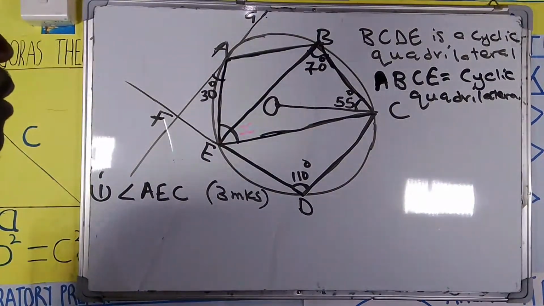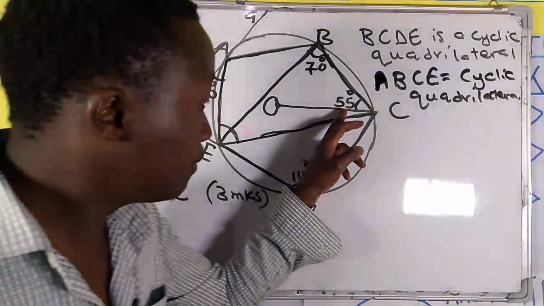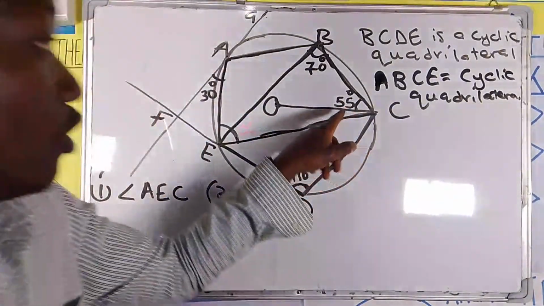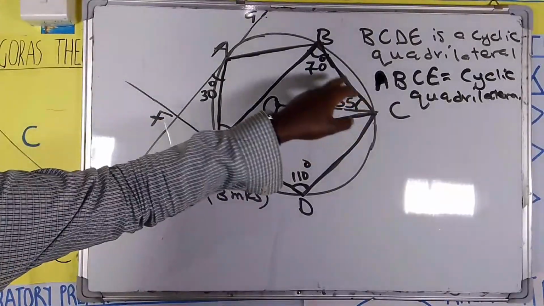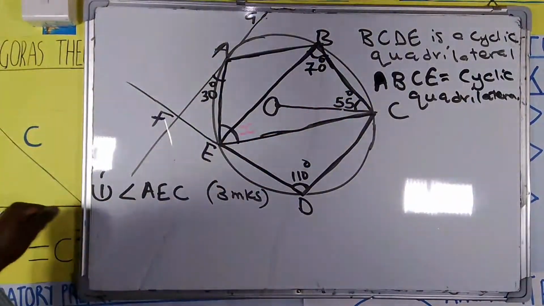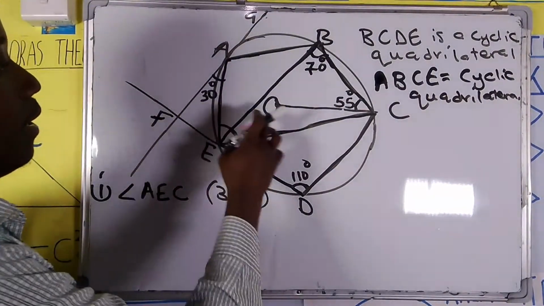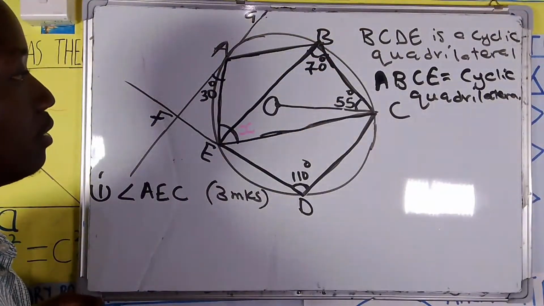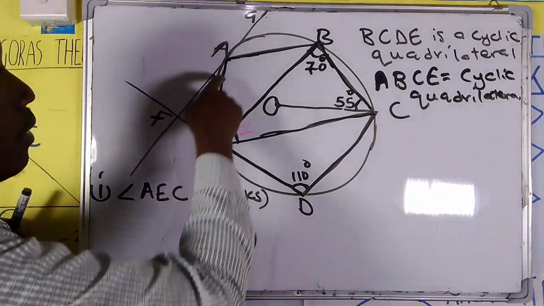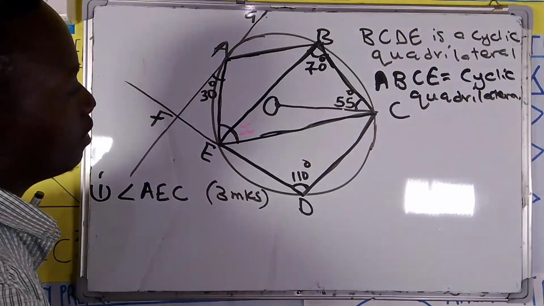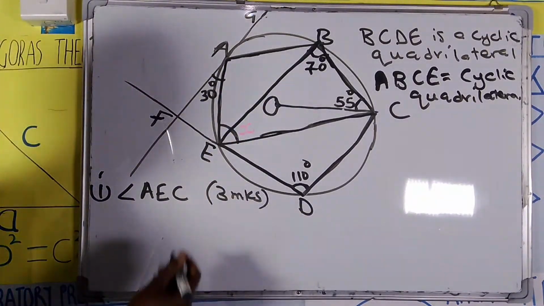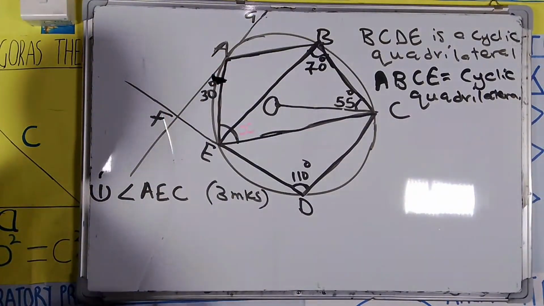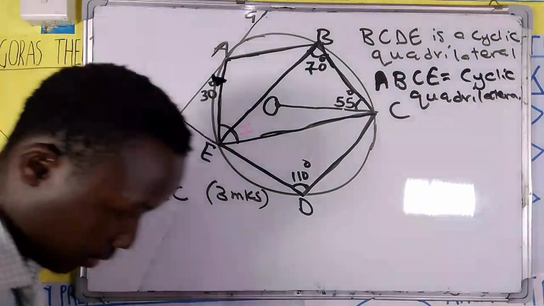So in this scenario, hii tujapewa yote. Tumepewa tu kutoka hapa mpaka hapa ni 55 na hii ni 70. Na hii hatuna, but hii part tuko nayo hapa. So tukuje hapa kwa hii 30.